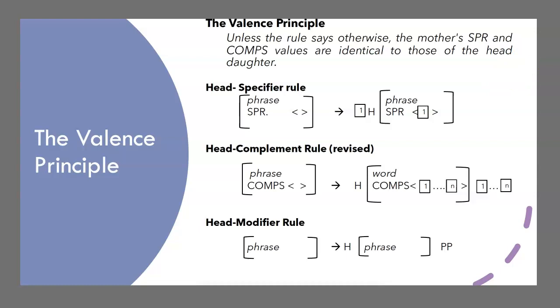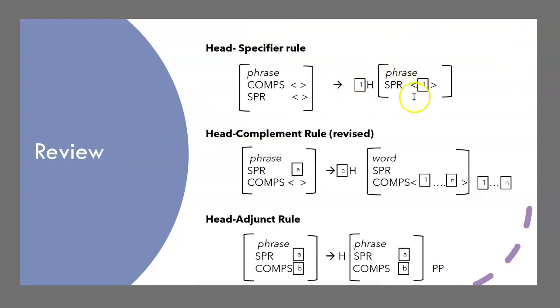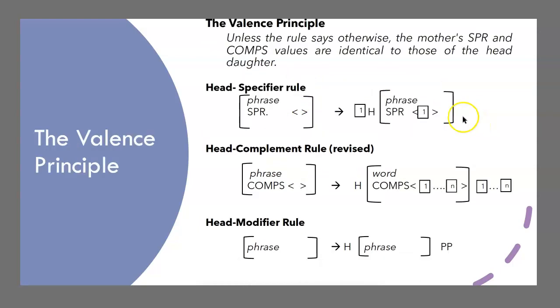So in the previous rule we have seen the comps value here and the comps value has to be the same. That cannot be changed. Whereas the specifier value has to be changed. So this rule, the head specifier rule, says the specifier value has to change. We don't need to talk about the comps value because the valence principle says the mother's specifier and comps values are identical to those of the head daughter.